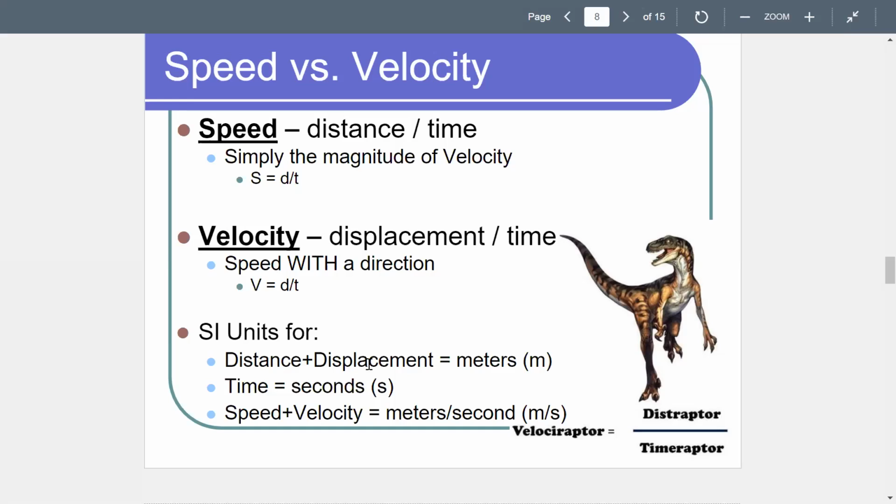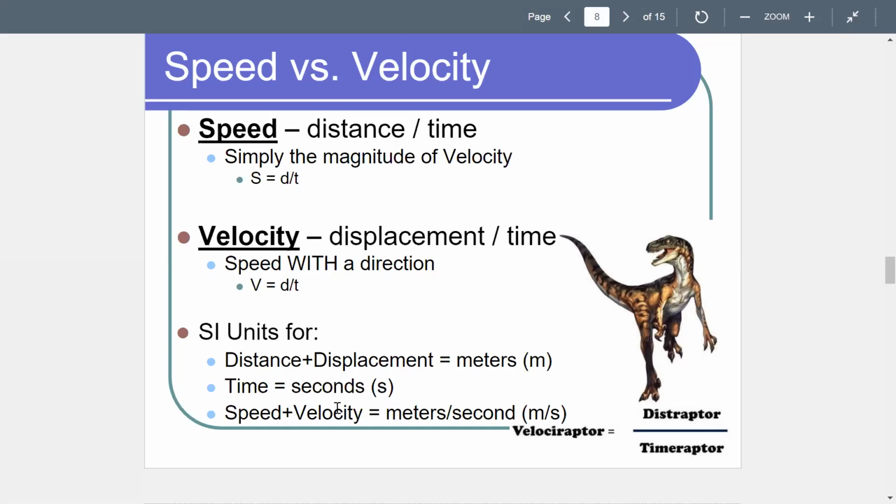The SI units for distance and displacement, because they're position changes, are going to be meters. Time is going to be seconds. So we're going to be using seconds almost always. You will see hours and minutes occasionally when we're doing practice problems, but for clear communication, we want it in meters per second.